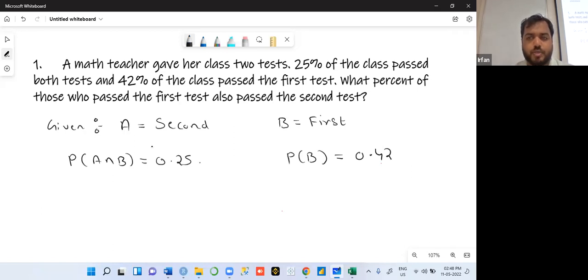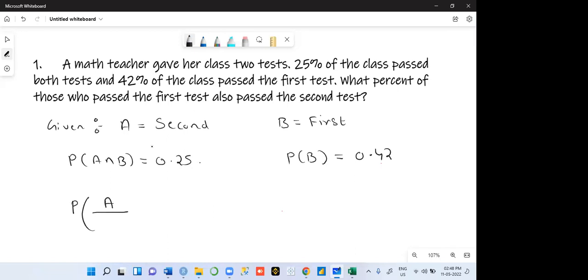Next, what percent of those who pass the first test and also have passed the second? So probability of passing the second test, given that he has already passed the first.